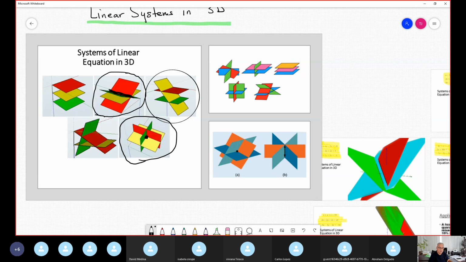However, what do you think about this case or that case? Do you believe that we have a solution in this case or no? Remember, to be a solution, we need a common point, but a common point in three equations. So is there a common point, for example, in this case?